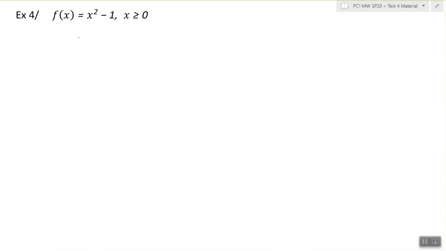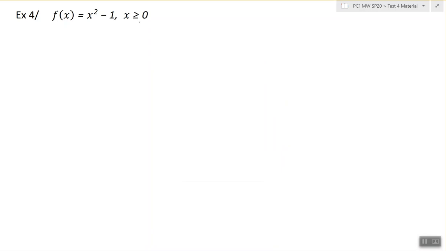All right, for example 4, it looks a little more complicated than the first 3 examples that we did. We have a function of x squared minus 1, and then we have this little addendum here that says x is greater than or equal to 0.